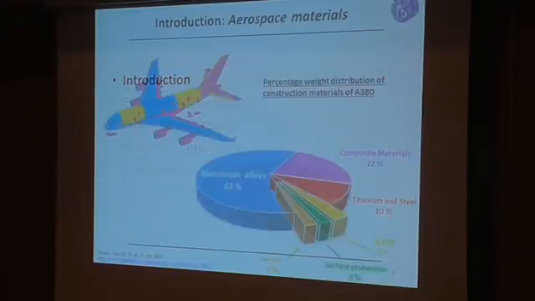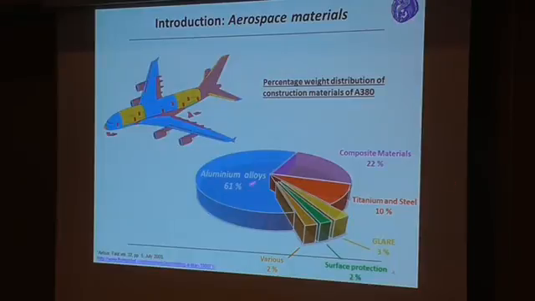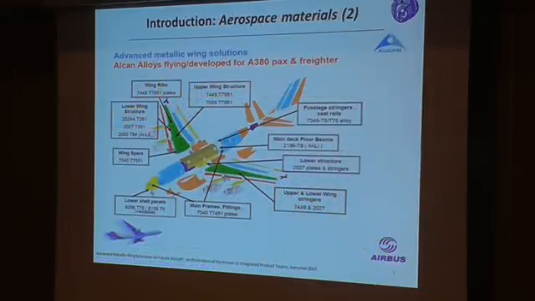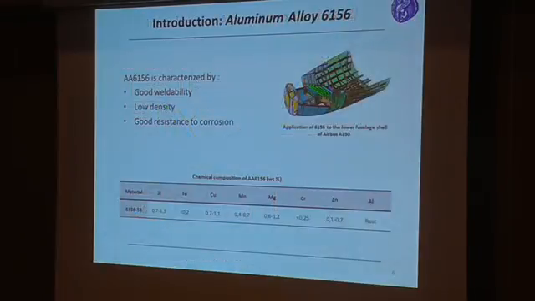Beginning with technological problems, aluminium alloys have the largest percentage of wide distribution in the construction of an aircraft. As we can see, 2000 and 7000 series are used mainly in the wings and on some structure of the cell, whereas Series 6000, 6156, is used mainly in the fuselage.